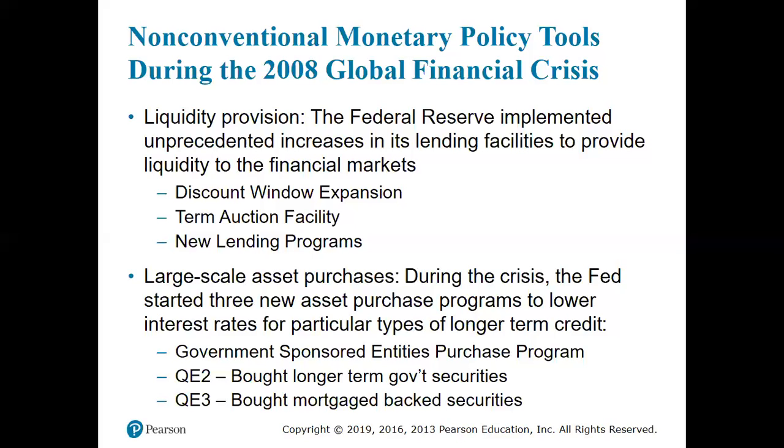And it was estimated that that helped to bring mortgage rates down by around 100 basis points, or by about 1%. So those additional asset purchase programs help to bring longer term interest rates down, as well as the Fed funds short term interest rate.